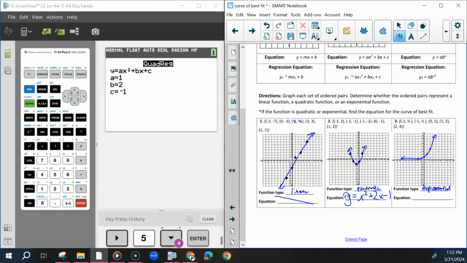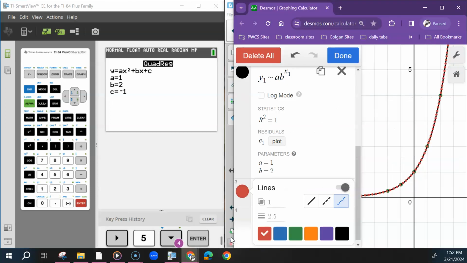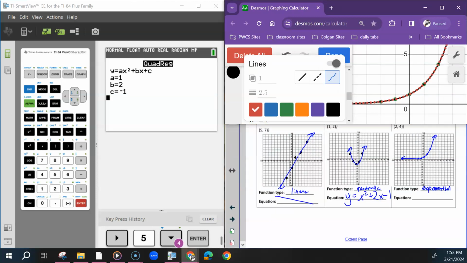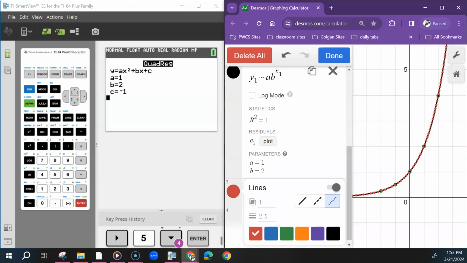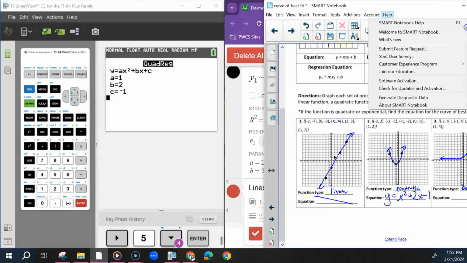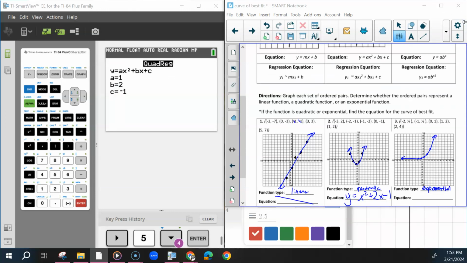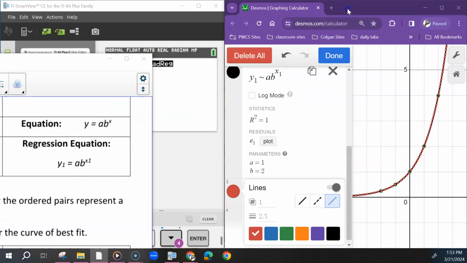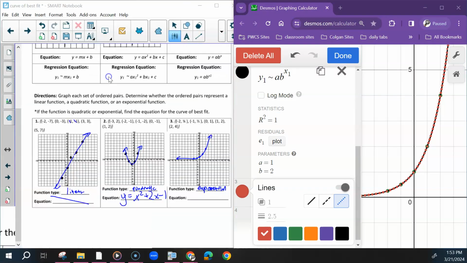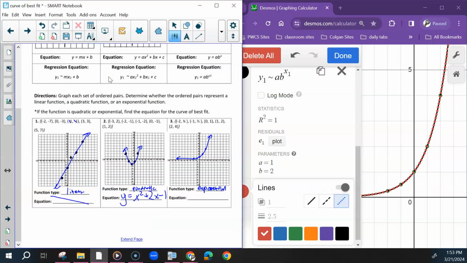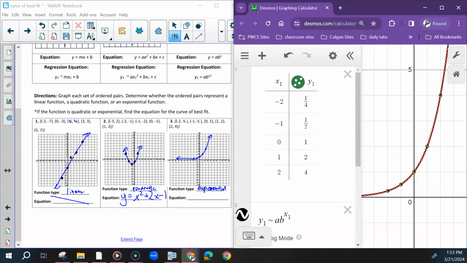And then our exponential, and then in Desmos, since I already had an exponential up here, I'm just going to use the same one.